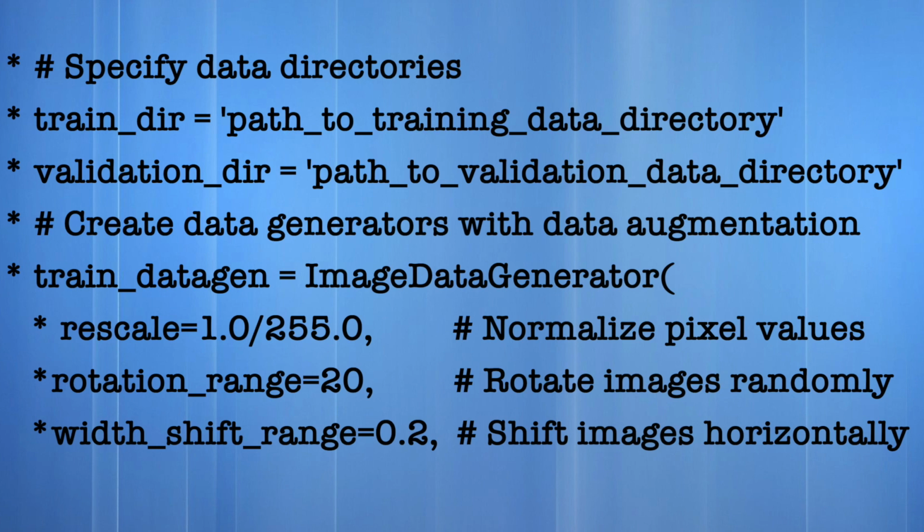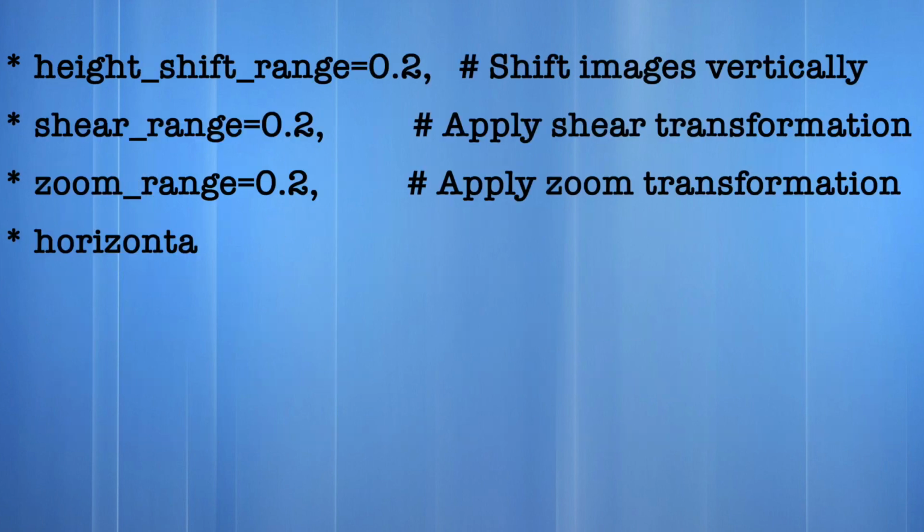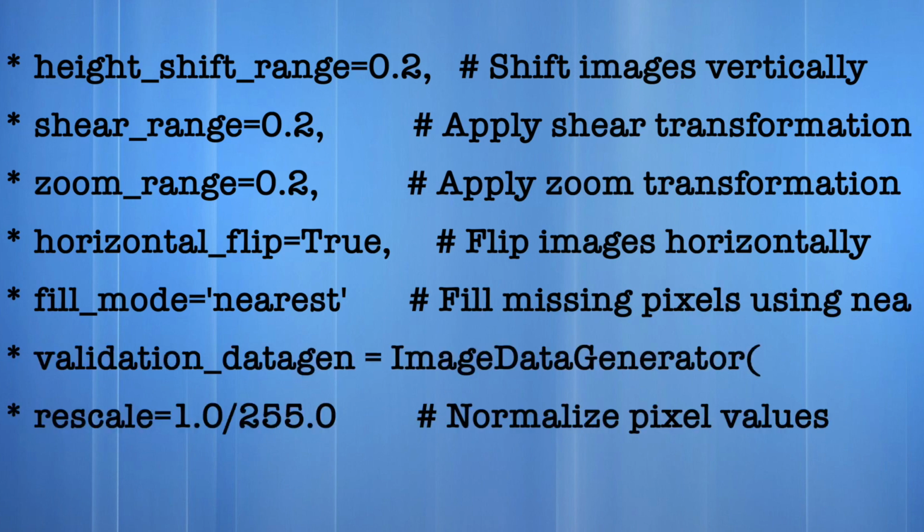Then create data generators with data augmentation, that is, normalize pixels, rotate images, shift images horizontally, shift images vertically, apply shear, apply zoom, flip images horizontally, and fill missing pixels using nearest neighbor.